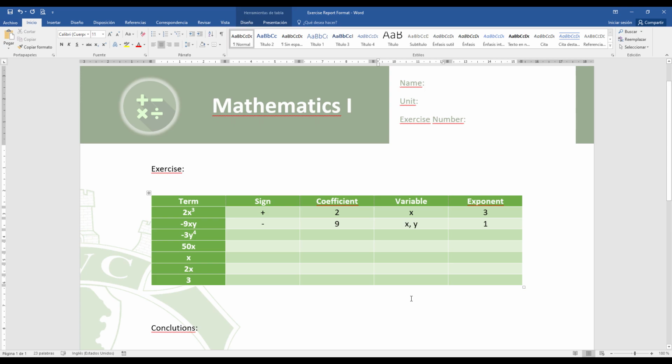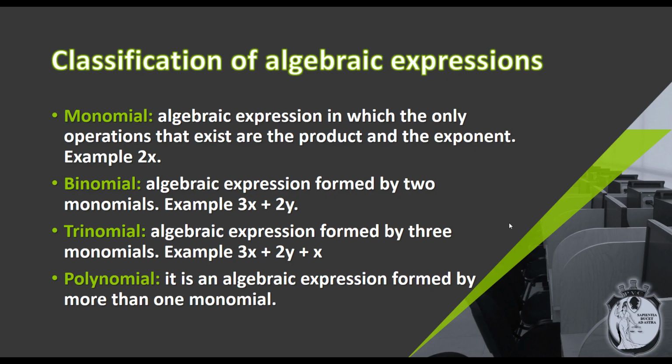Okay, now we will see the classification of algebraic expressions. If you have only one term, that kind of expression is named monomial. For example, 2x. If you have an expression formed by two monomials or by two terms, it's named binomial. For example, 3x plus 2y.